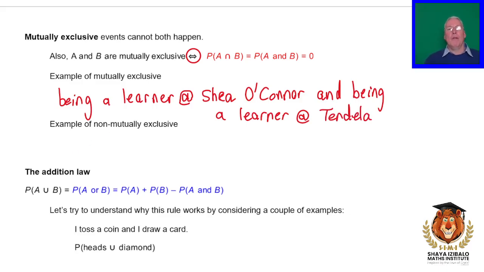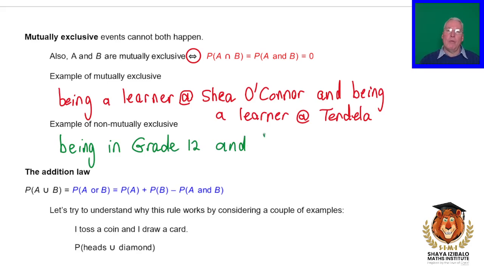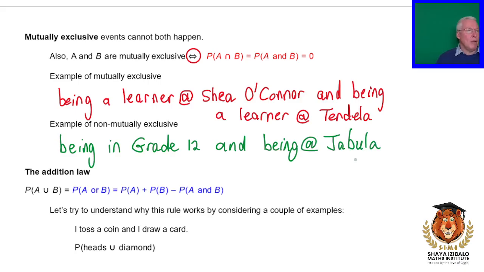Let's look at an example of non-mutually exclusive, where they can both happen. Being in grade 12 and being at Jabula. Those things can both happen.